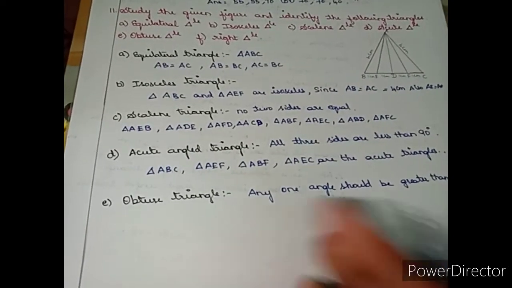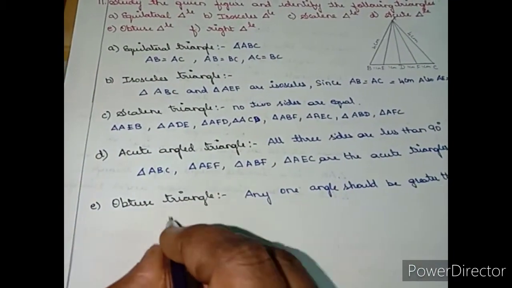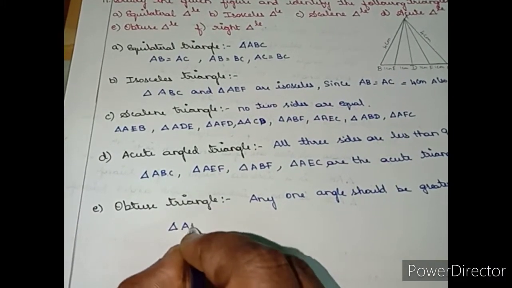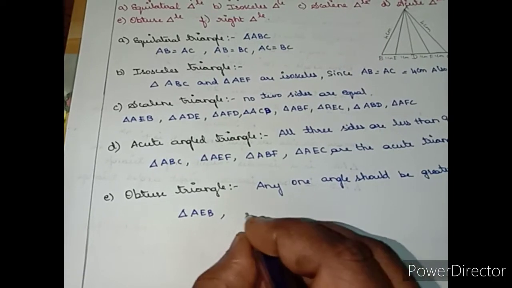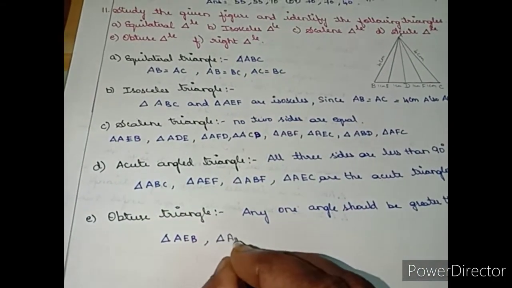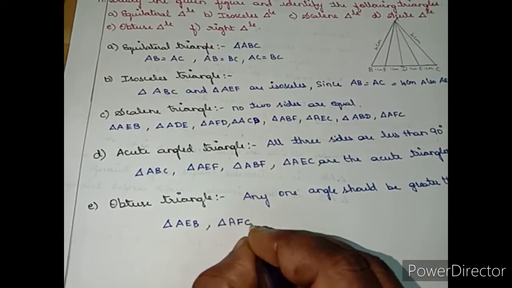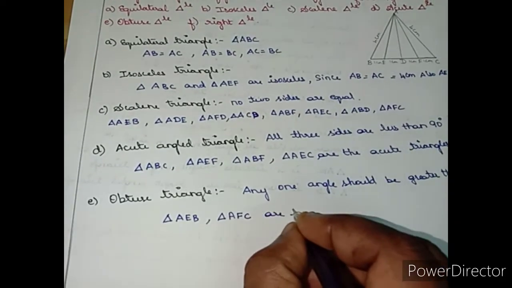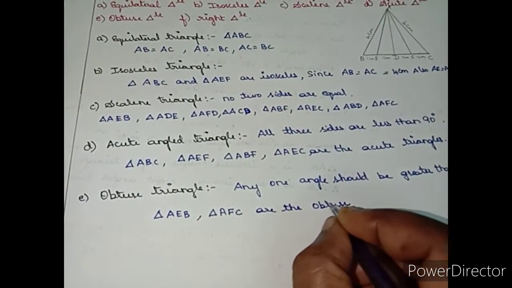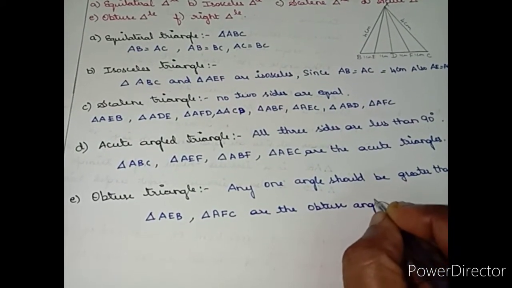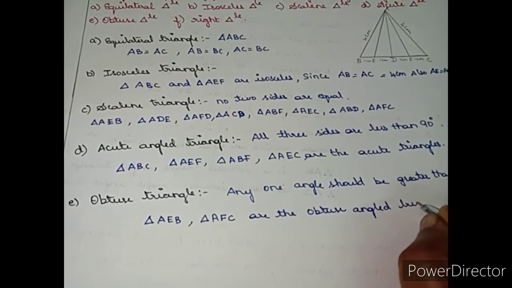Okay, so the triangles that can be formed are triangle AEB, then triangle AFC. See, these are the obtuse angled triangles.